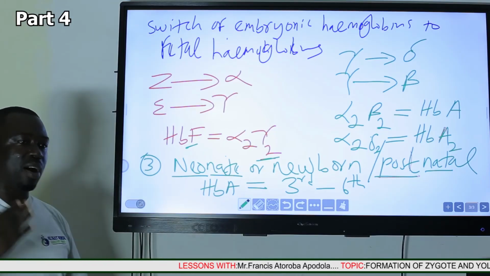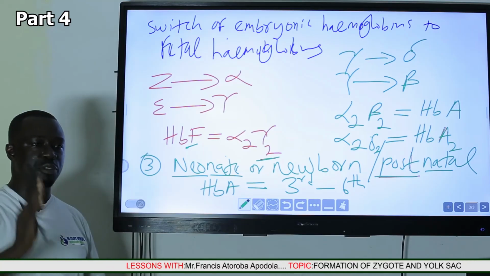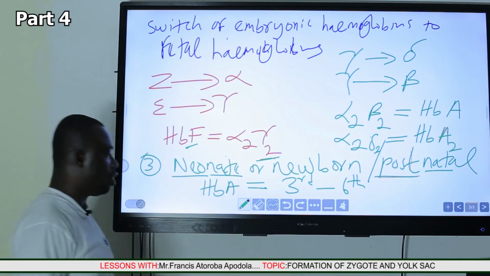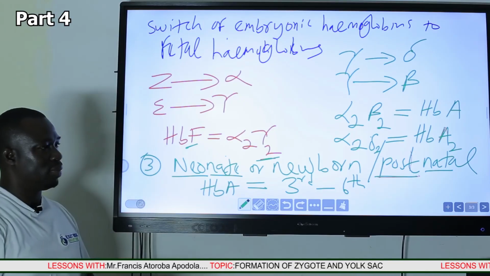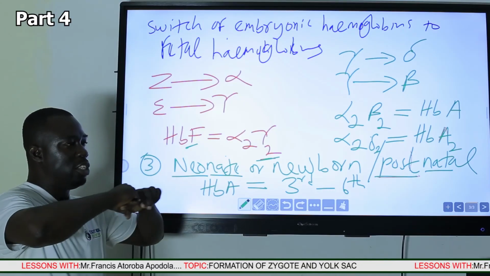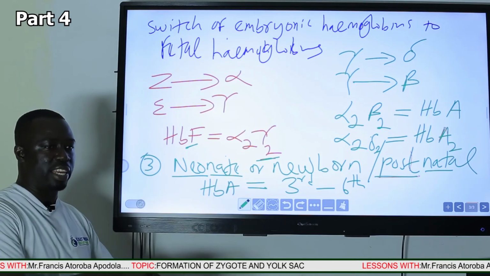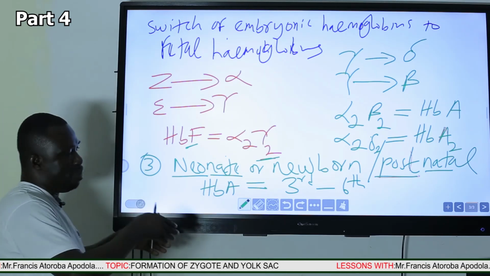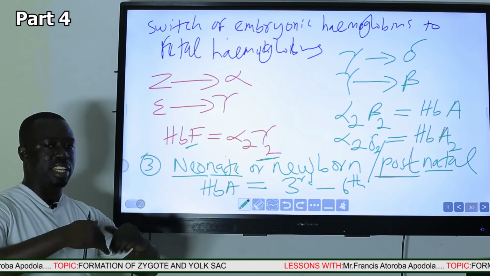And the reason why these hemoglobins have a higher affinity for oxygen is because the intrauterine, where the fetus is lying, or the embryo, has less oxygen.